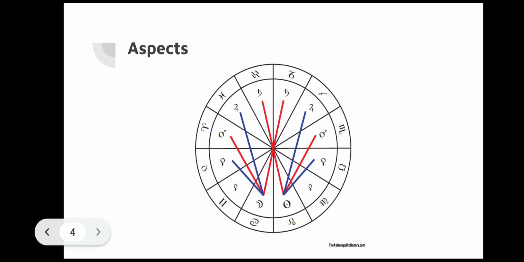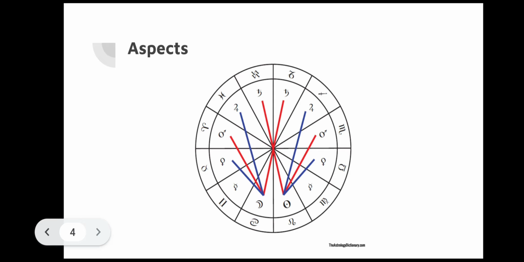Planets that are square each other all have the same, what is it called? Oh my gosh, I'm blanking on the word. Well, it's either when a planet is fixed, mutable, or cardinal. What is the word for that? I know it's a triplicity, but whatever.